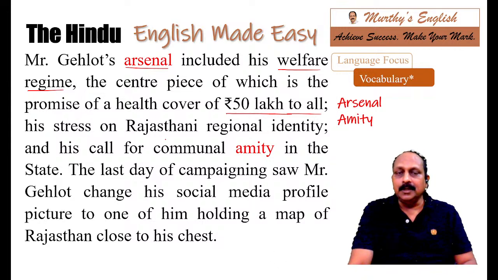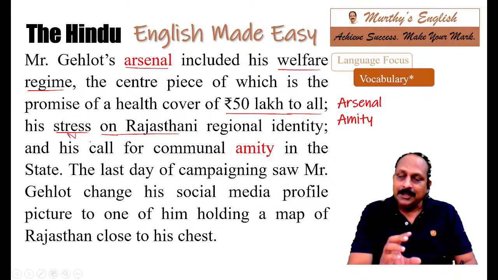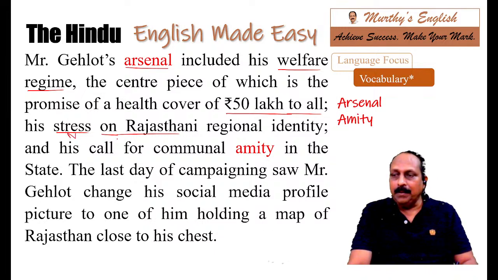His stress on Rajasthani, actually, this is a different pattern. Generally, I tell students, he stressed the two things. In this pattern, you should not use a preposition on. His stress on two things. Here it has been used as a noun. So here we can use his stress on what? It takes a preposition on.